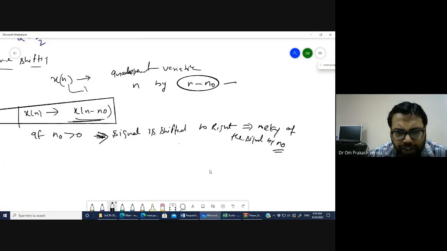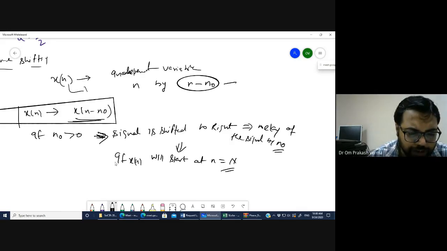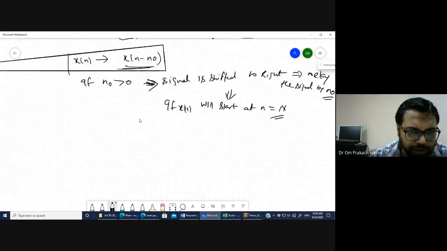In other words, xn, when it is shifted by n naught, will start at n equal to whatever the value. Let's say you have shifted at this value of n. See the case so that you can understand it very easily.